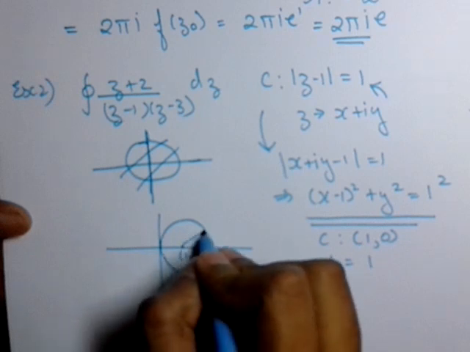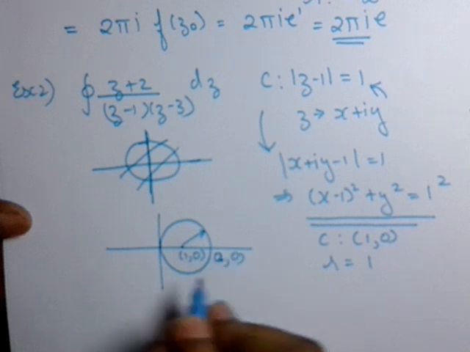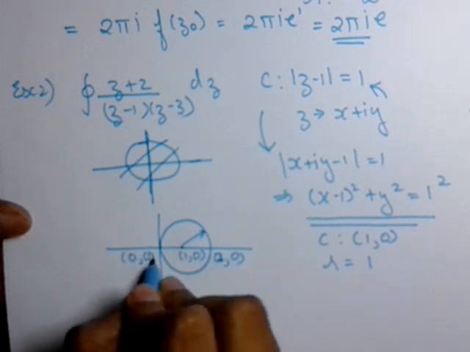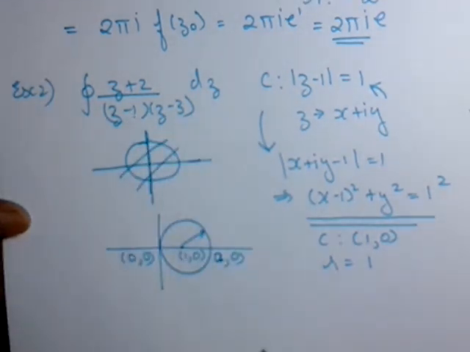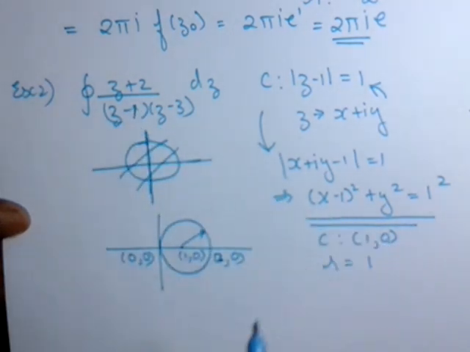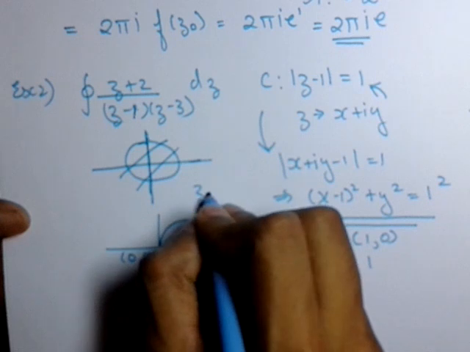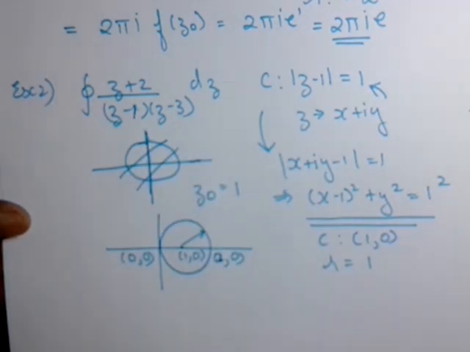Radius is 1, which gives this point is (2, 0). Now here are two z0s, one is 1 and other is 3. Now which one lies inside the contour? We see that (1, 0) lies inside and not (3, 0). So here there is only one z0, that is 1. The other one lies outside, so it is not a z0. It is a part of the function f(z).